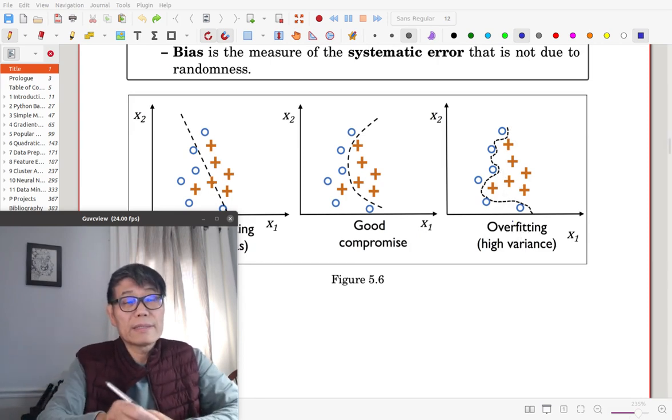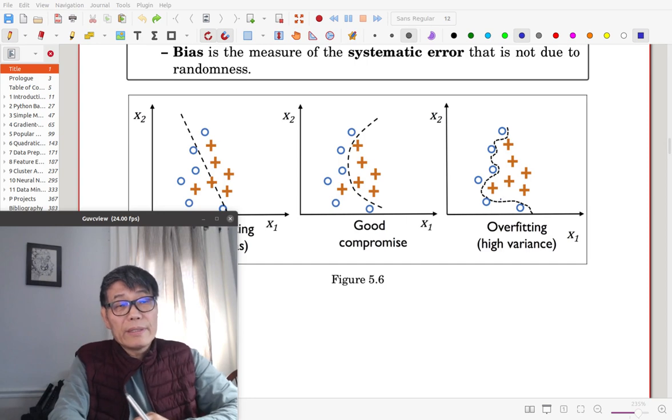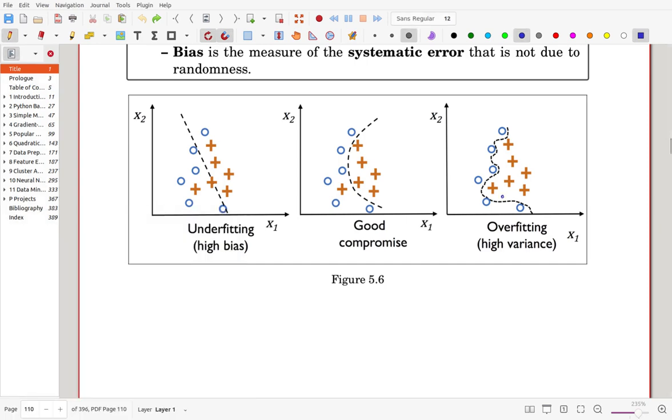In this case, if a new point comes here, it can be classified as one of the plus points, but if the model were well fitted, then the point would be classified as a circle point. And so an overfitted model has low accuracy for the test data set. That's the sign of overfitting.